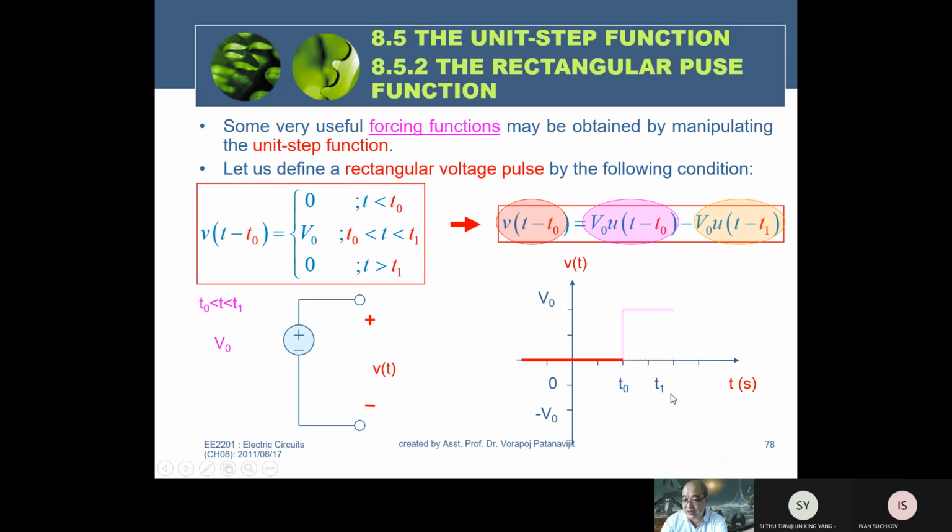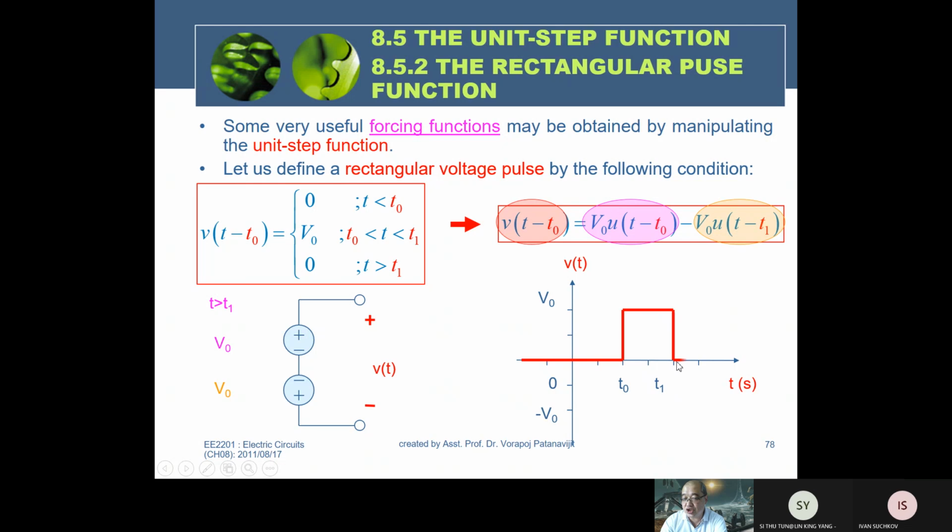For time greater than T1, what happened? We have two voltages activated, the pink one and the orange one. Both of them are activated, but the voltages that they generate are opposite each other. Therefore, they cancel each other's effects. The sum of them is 0.